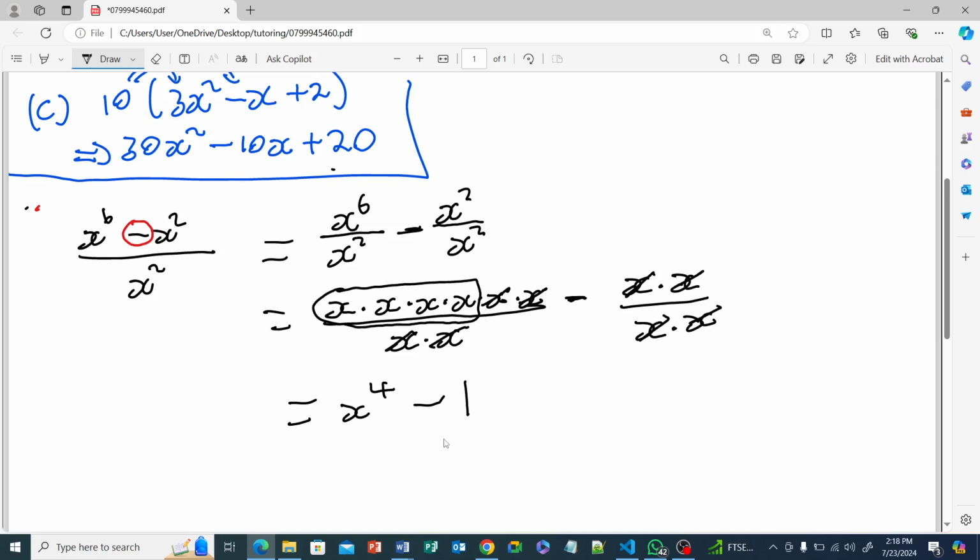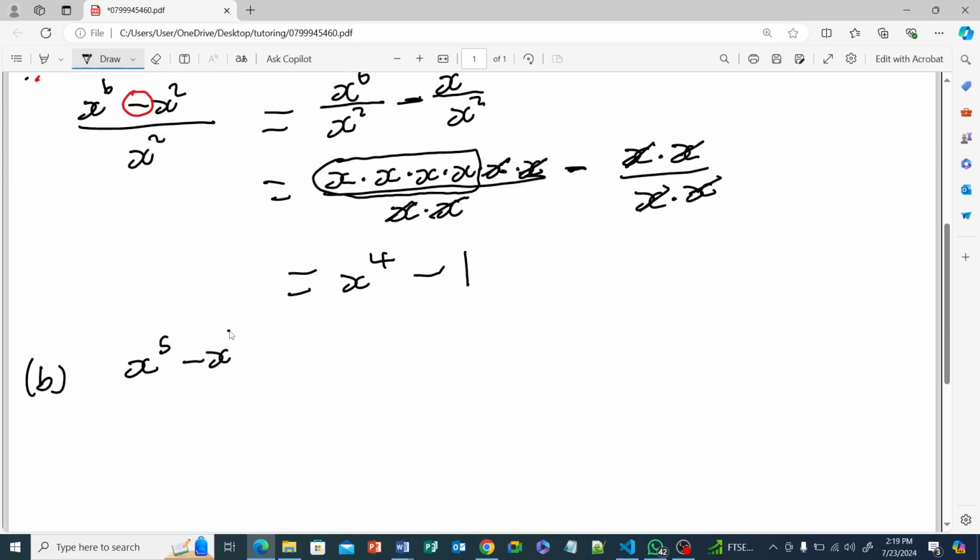Let us look at another one, b, which is x to the 5 minus x cubed, everything divided by x squared. First step, separate the fraction: x to the 5 over x squared minus x cubed divided by x squared.